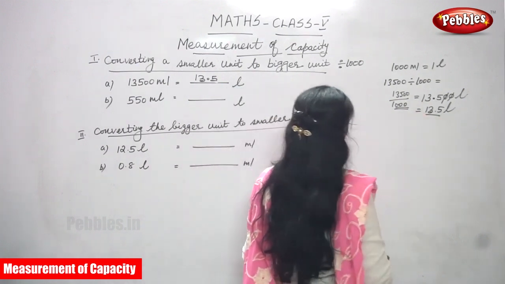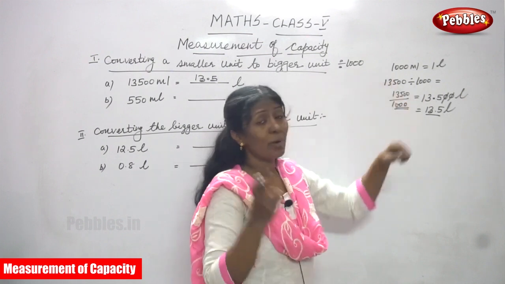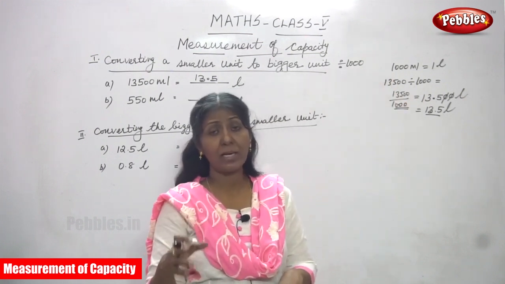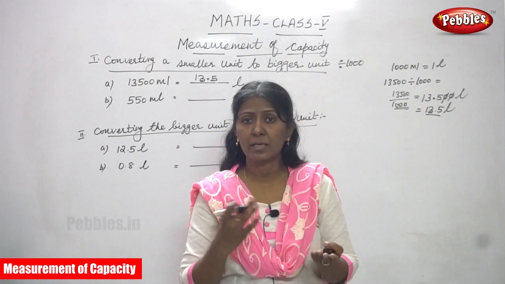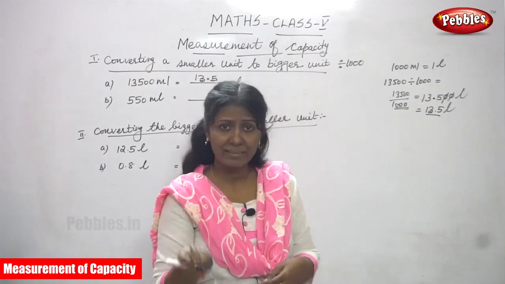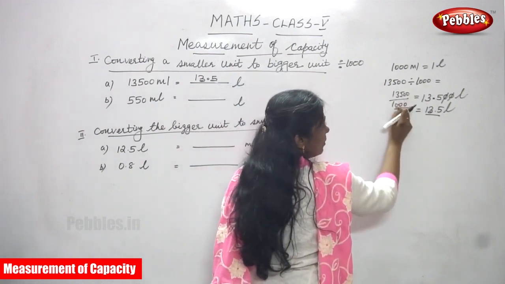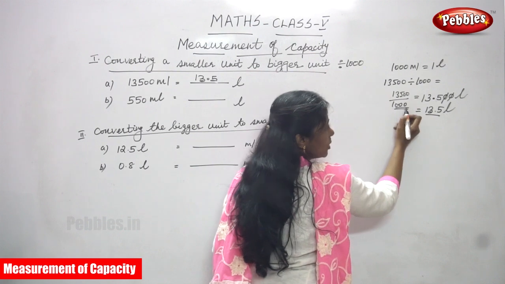I'll repeat once again. Smaller unit into bigger unit, you have to divide by 1000. 1 liter is equal to 1000 ml. That's the formula, and according to the question you have to change over the formula. So 13,500 divided by 1000. In 1000, how many zeros? 3 zeros.